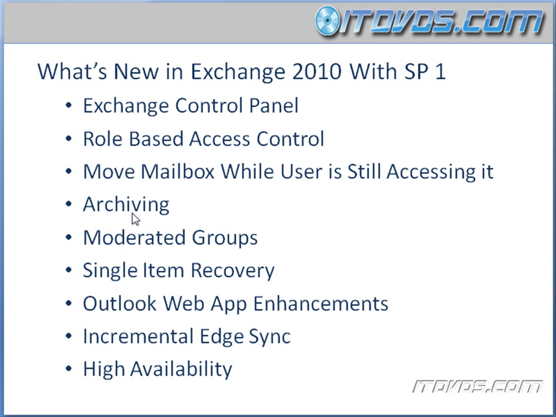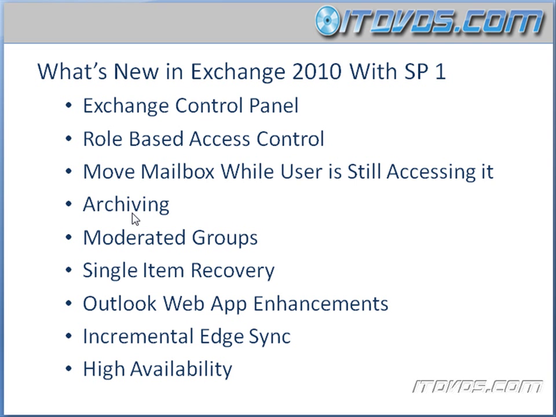And that's new with Service Pack 1, that we can actually separate those out. So we can have some high-performance storage that their main mailbox is going to be on, and then maybe we have some large SATA disks that we can put this archiving mailbox on, and then they can fill up gigs and gigs of data on their archive, but because it's on our Exchange server, we have control of it. We can back it up.